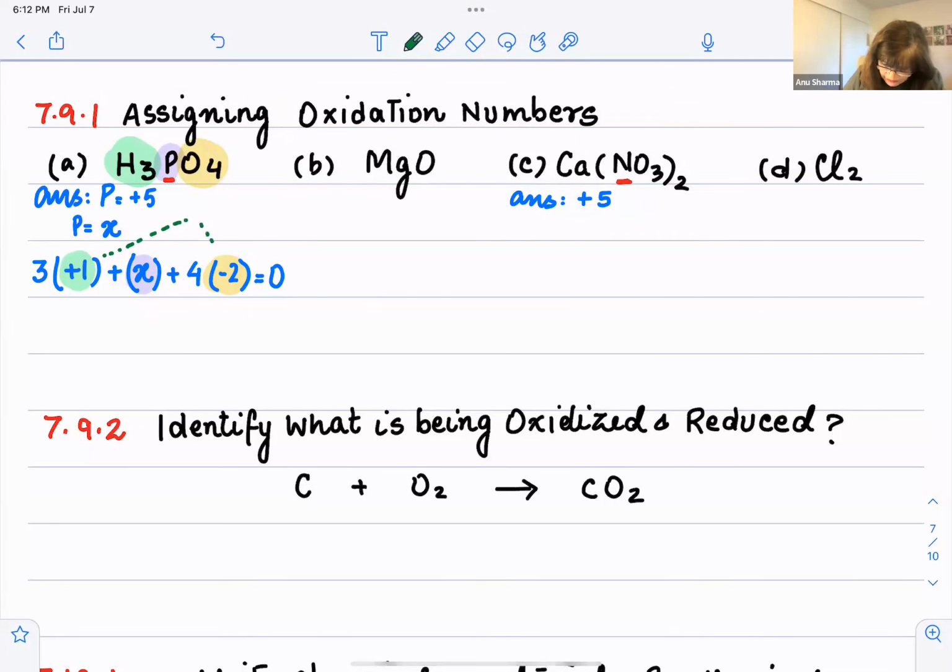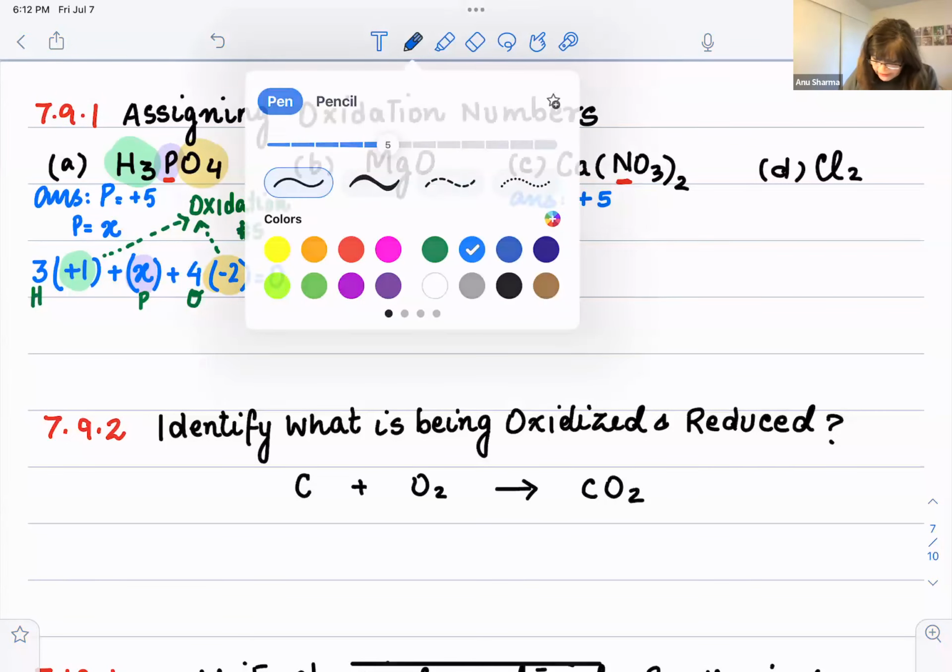So these are the oxidation numbers, and these are the atoms. This is the 3 hydrogens and this is the 4 oxygens. And this one is for the phosphorus. All right. I placed it this way because of the lack of space. I'm not going to write down the details much now.